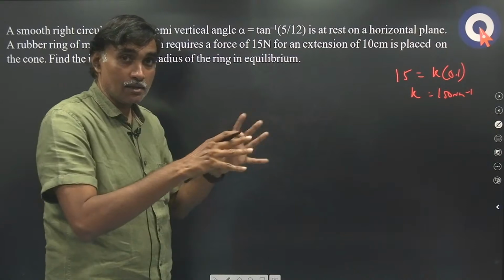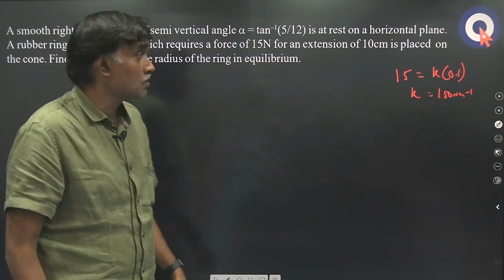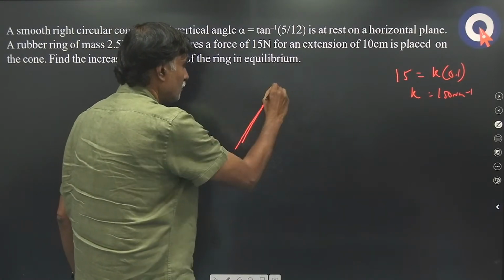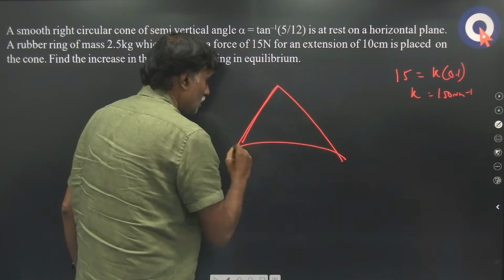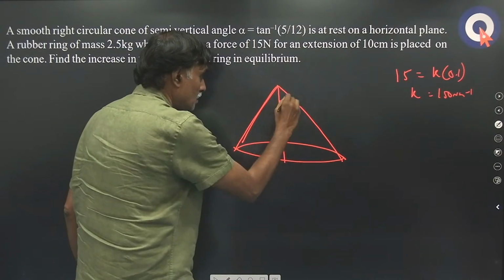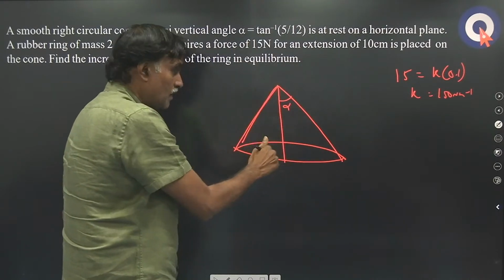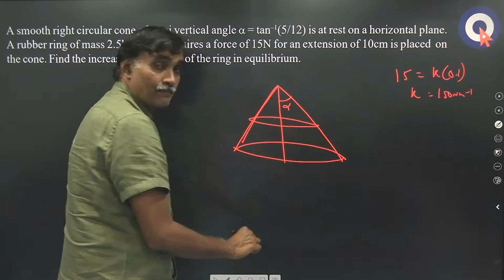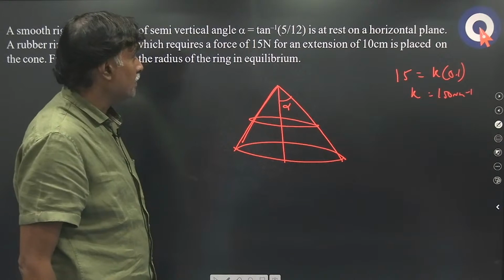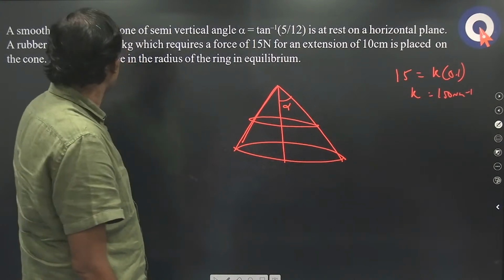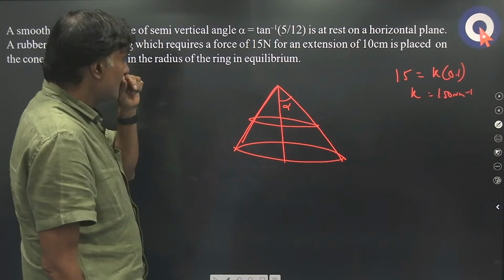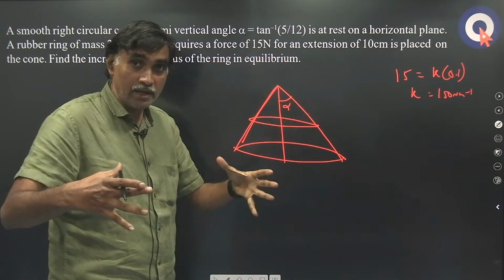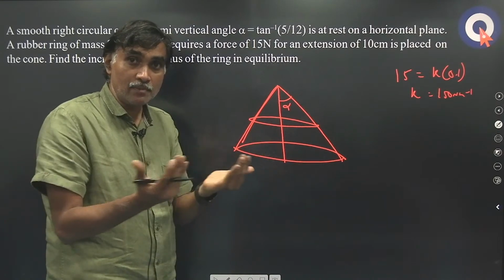So such a string is kept on a cone whose semi-vertical angle is alpha. Placed on the cone from here, then somewhere here it becomes tight. Then what is the extension? They are asking the increase in radius. Then tension develops here. It slides down and in equilibrium tension develops.